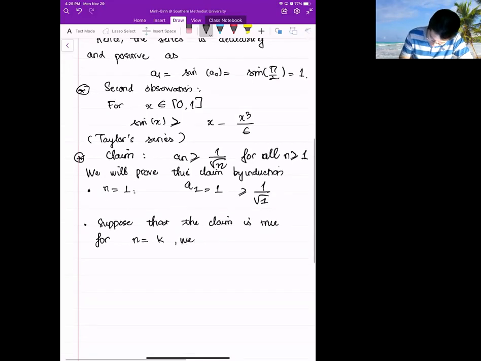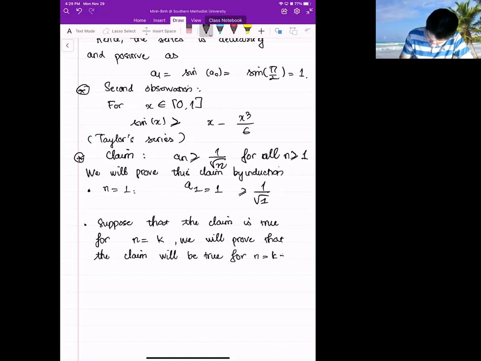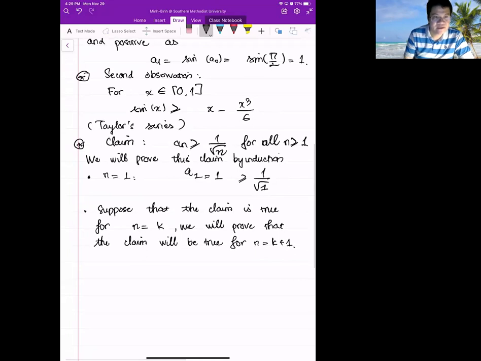We will prove that the claim will be true for n equal to k plus 1. All right, so first we suppose that this is true for k, and then we're going to prove that this is true for n equal to k plus 1.